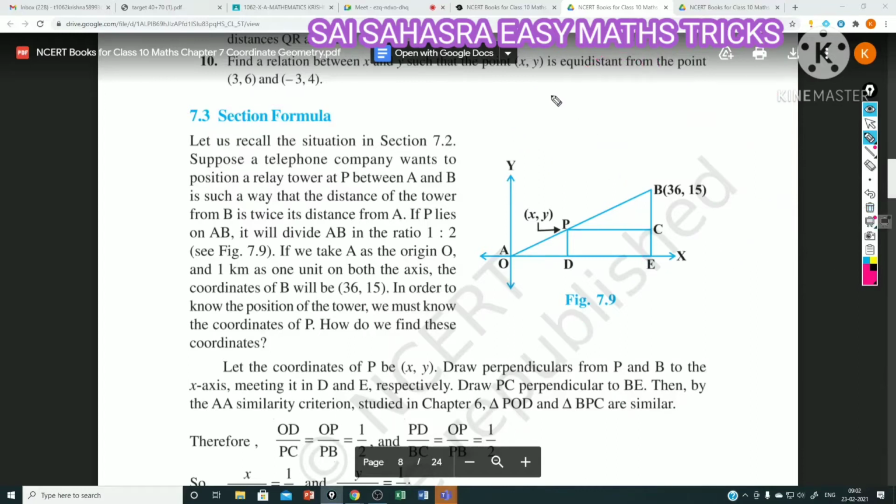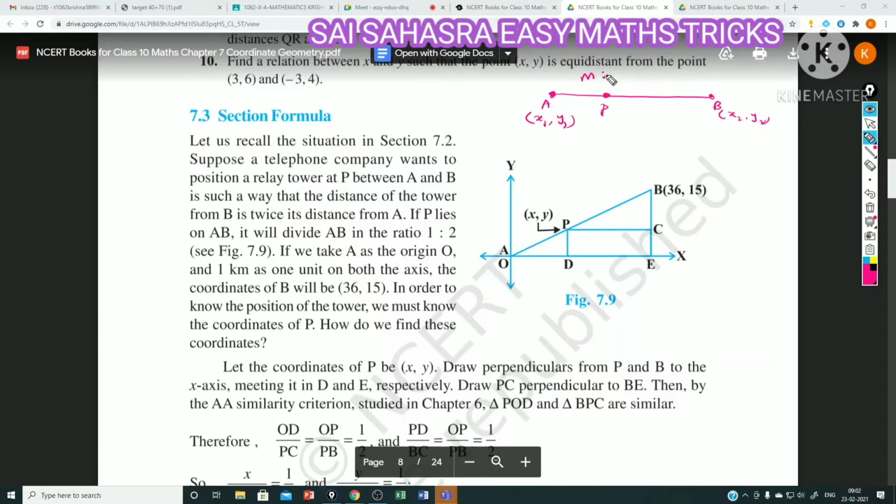Okay, here only, this is point A (x1, y1), this is point B (x2, y2). Suppose somewhere you have selected the point P here, in which ratio?